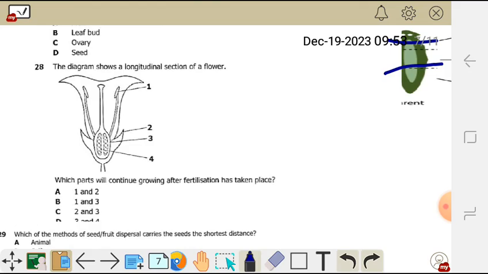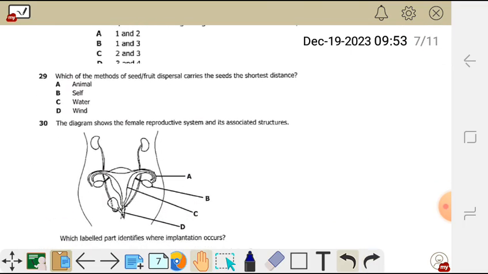After fertilization, the colored part of the flower is going to fall off, and the male part is going to be removed, and only 3 and 4 will remain. So the correct answer for question 28 is D.